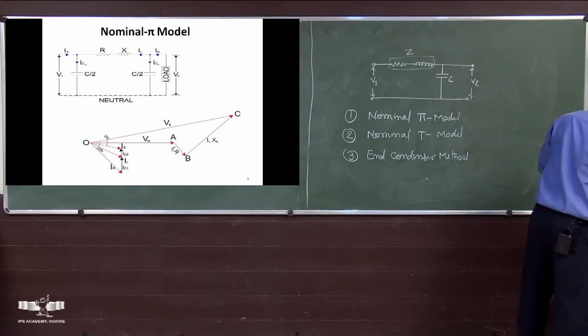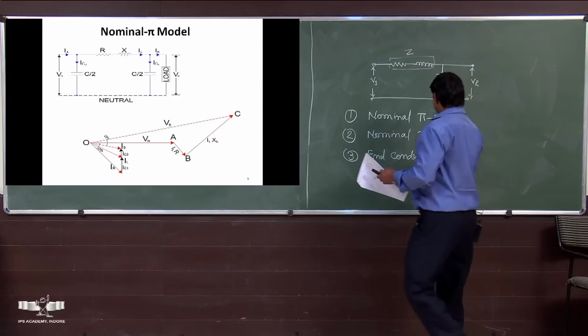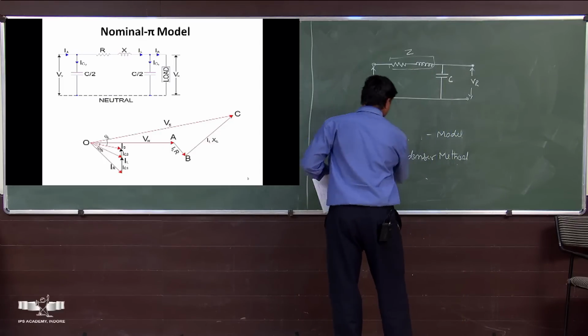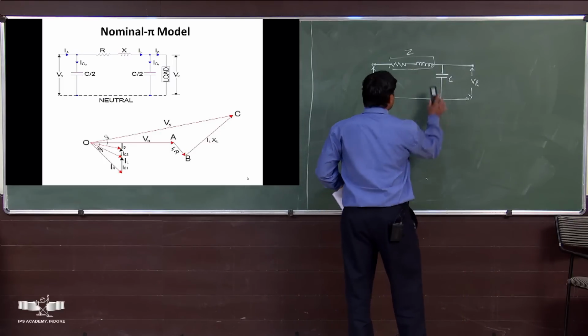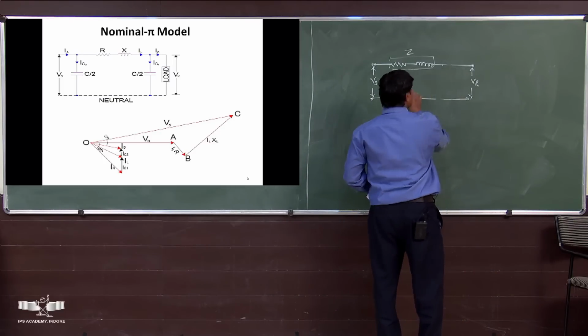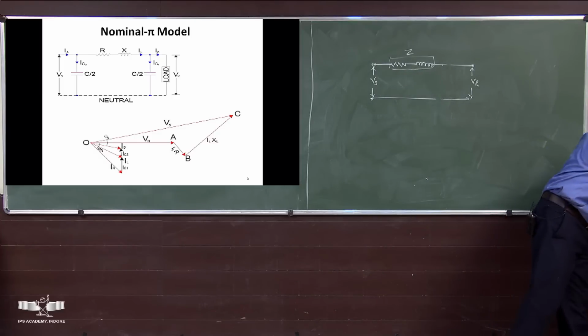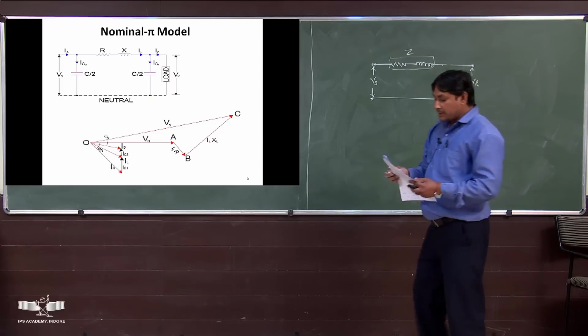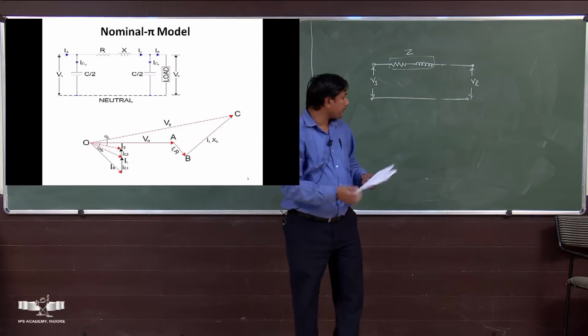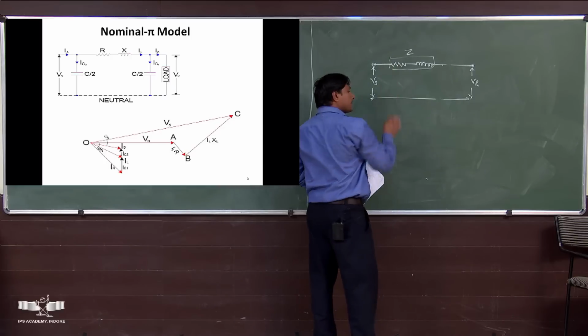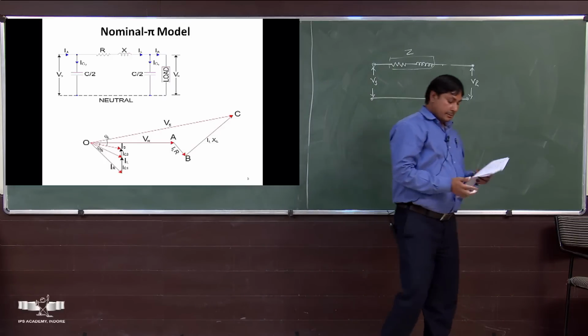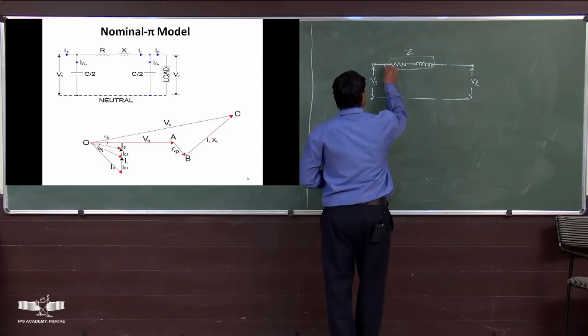In the nominal pi method model, the capacitance of the transmission line is divided into two parts.